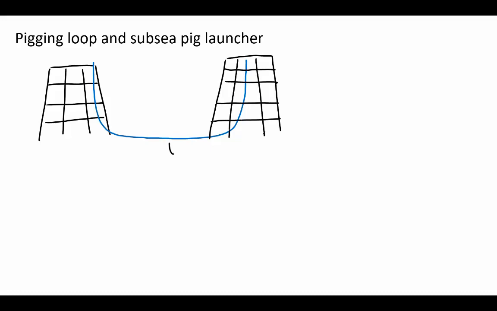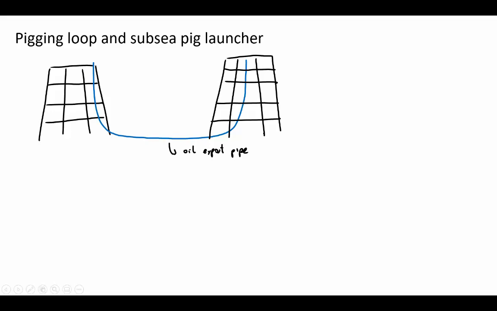So this will be an oil export pipe. In that case, you have the problem that it might accumulate wax in this line with time, due to low temperature. So you want to send the pig from this end, and then receive it on this other end.